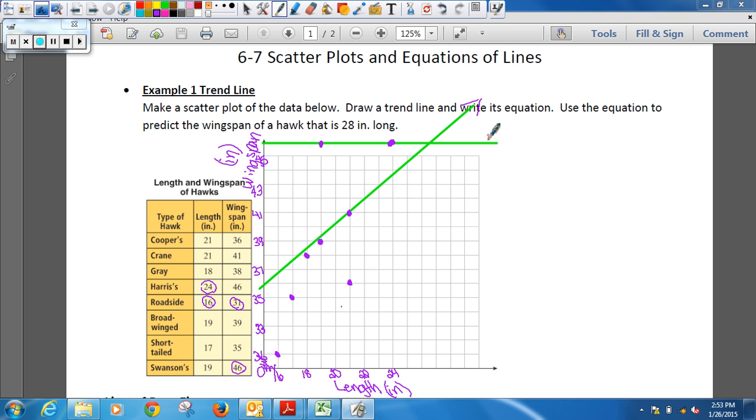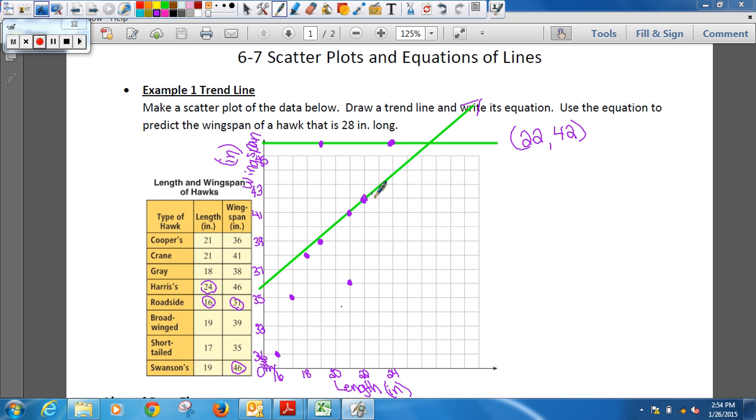Okay, in order to write its equation, you are going to have to estimate 2 points on that graph. So if I'm looking for 2 points that are close to this line, this one looks like it might be on there. 22, 42.